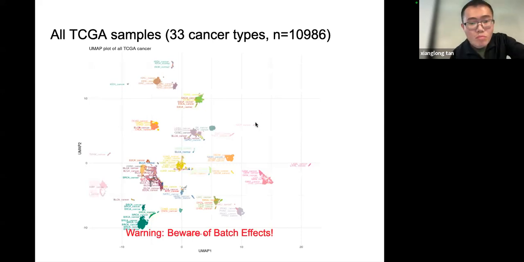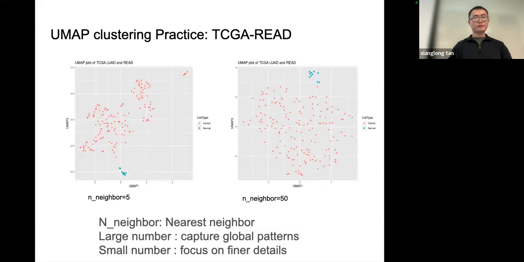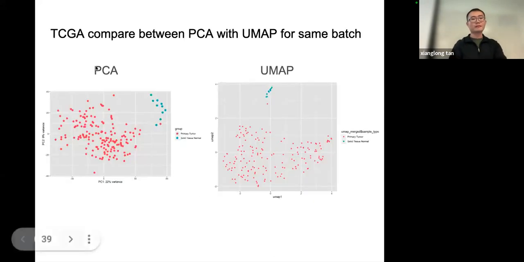What does the clustering look like if we grab these? I didn't specifically show it here, but it looks similar to this.